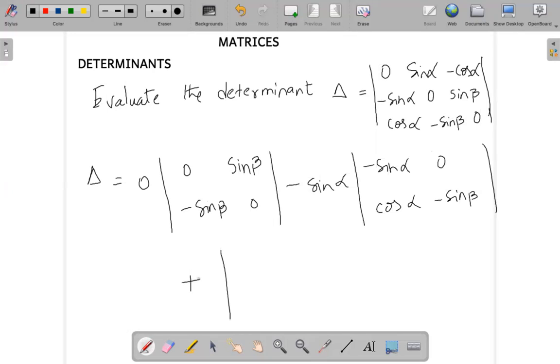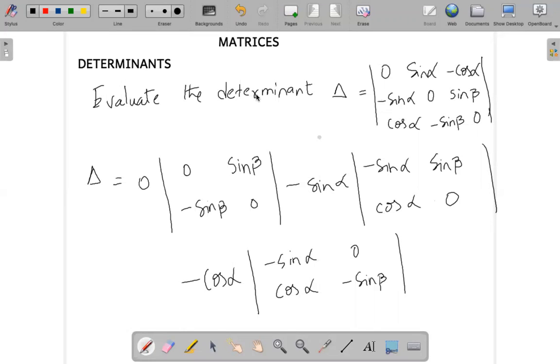Now this will change the sign, so let us put that as minus cos alpha.